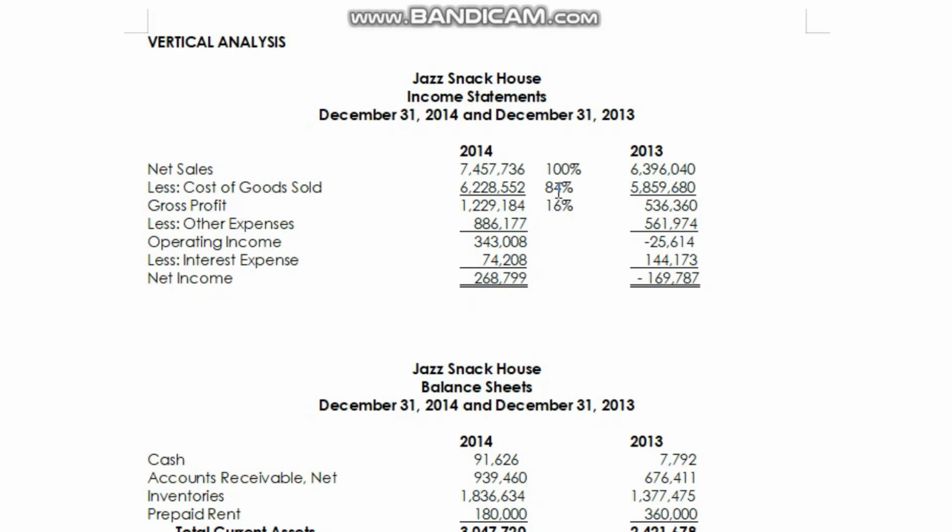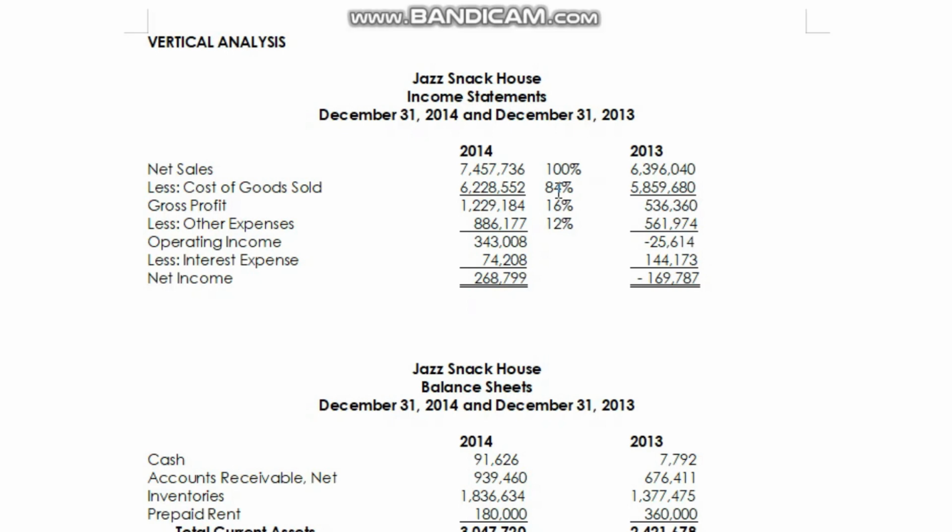Next, you'll do the same. It's 886,177 divided by the net sales, 7,457,736. You will have 0.1188. So that's going to be 12%. And then operating income, 343,008 divided by your net sales, 7,457,736.